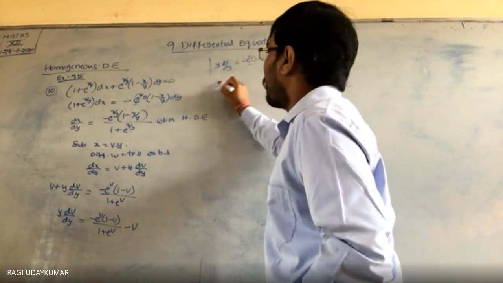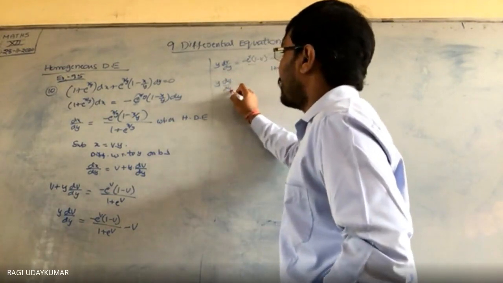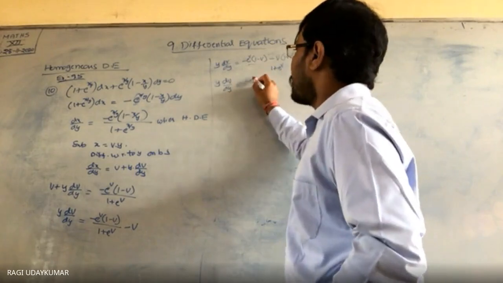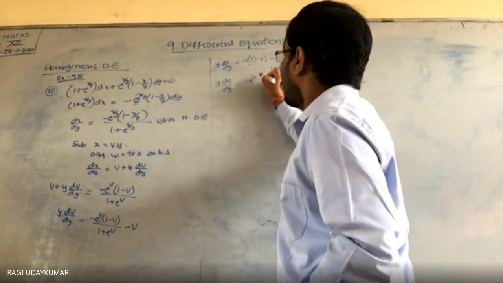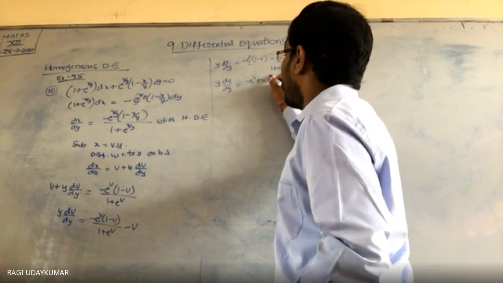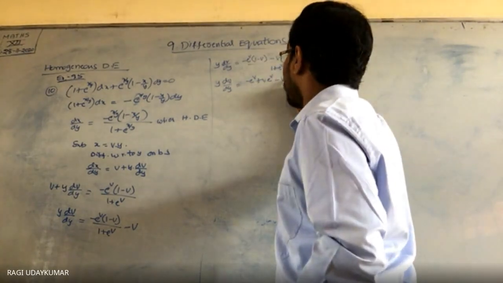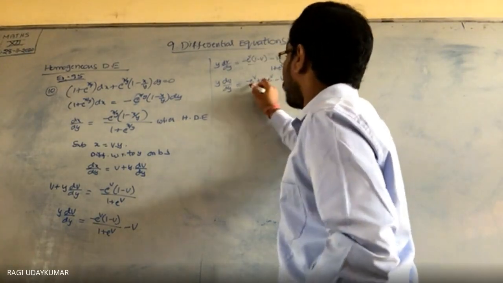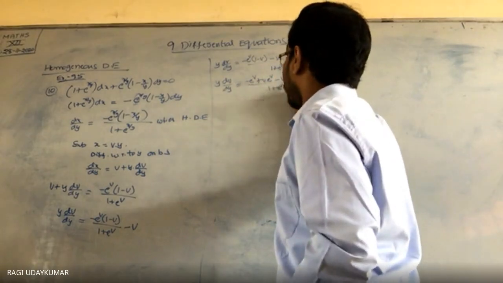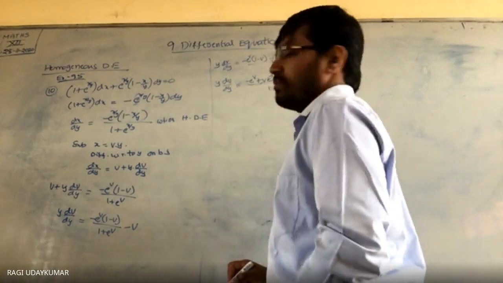Simplify: y dv by dy is equals to minus e power v plus v e power v minus v e power v by 1 plus e power v. This and this will get cancelled.